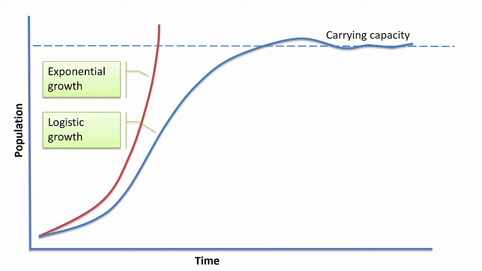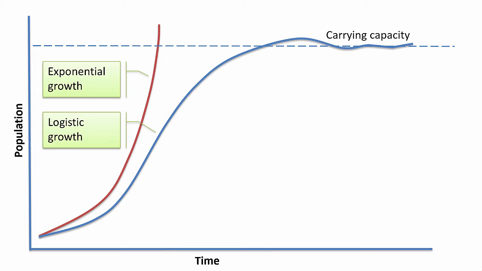Whereas with logistic growth, we see the population is increasing in its population size, but starts to taper off and slow down in its growth rate until it reaches carrying capacity. This idea that we have a long-term sustainable population that's living within the confines of what the ecosystem can support.